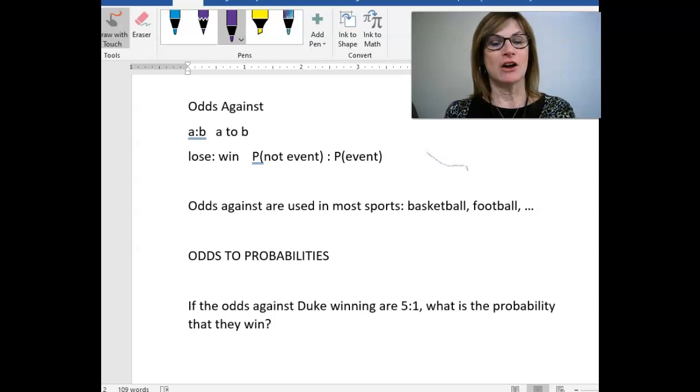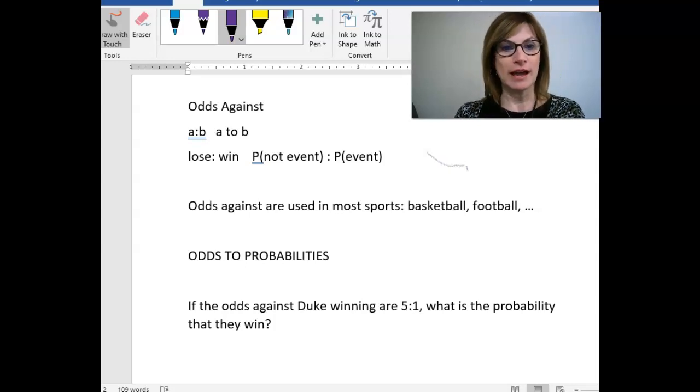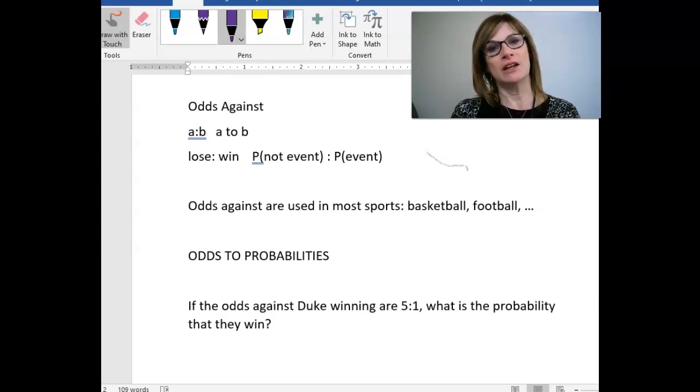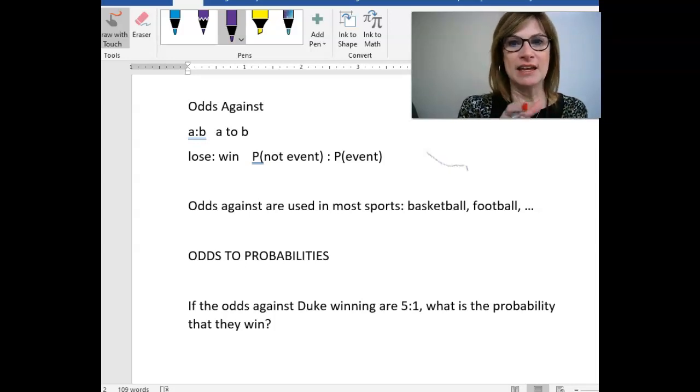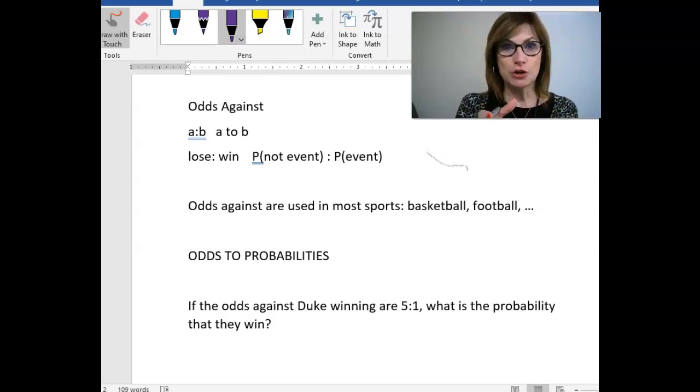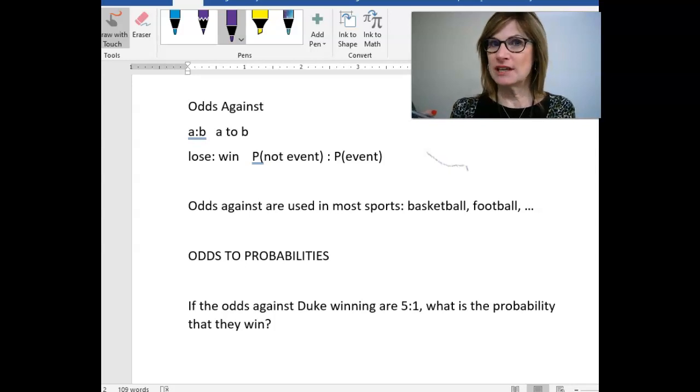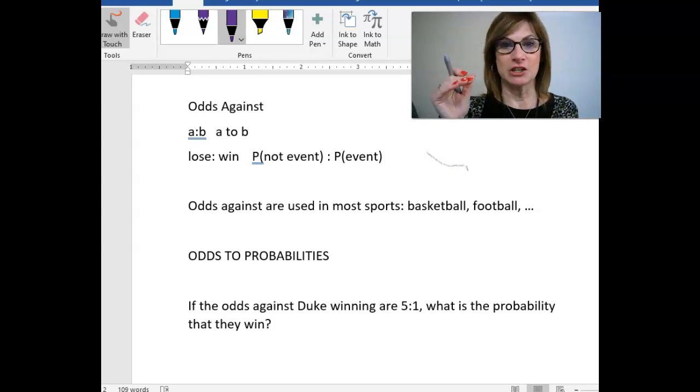Odds against are the kind of odds that you look at when you are using basketball and football odds. First of all, odds will look like A to B, like A colon B, or it may be written as A to B. But you'll notice that it's not written as a fraction or a decimal. Odds against sounds like something bad.